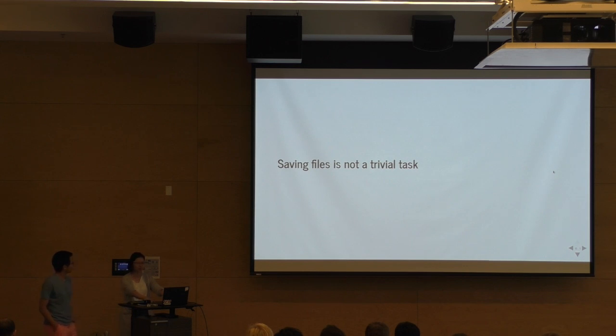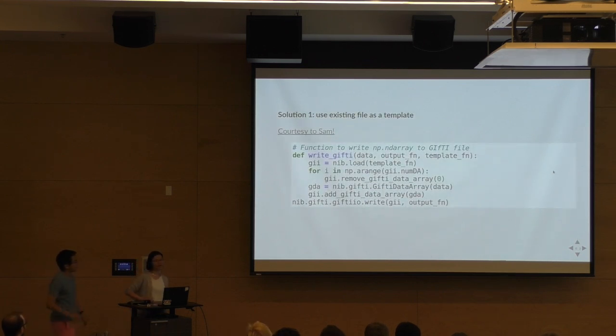Now we are going to talk about how it's even more annoying with saving files. The first example is kindly provided by Sam, and this is a function he used in his research.